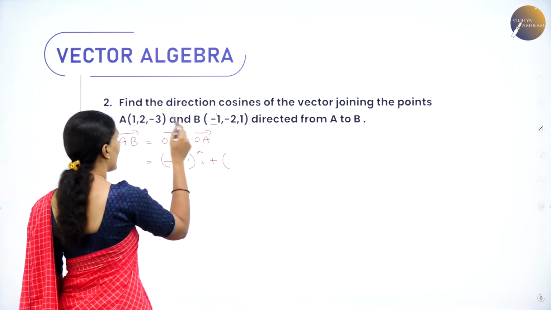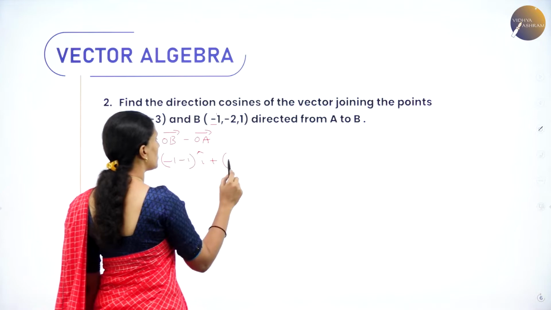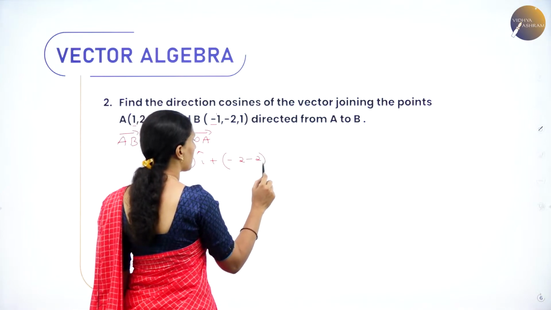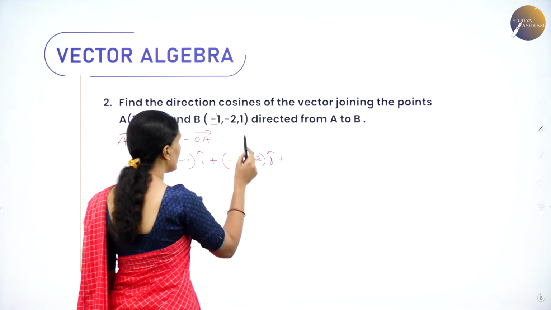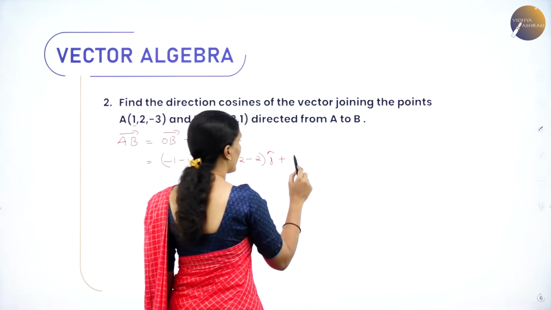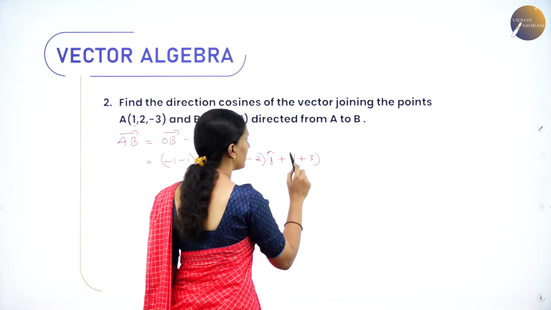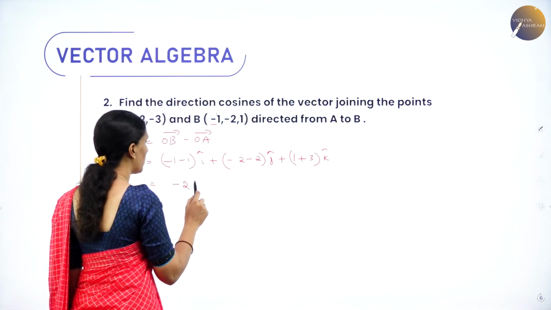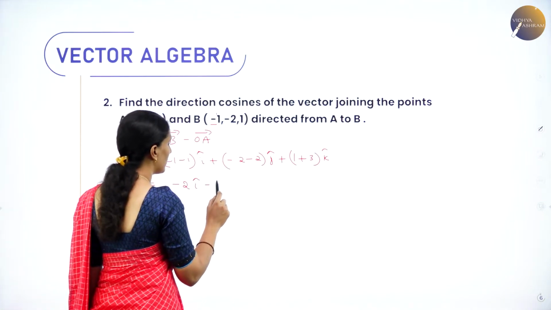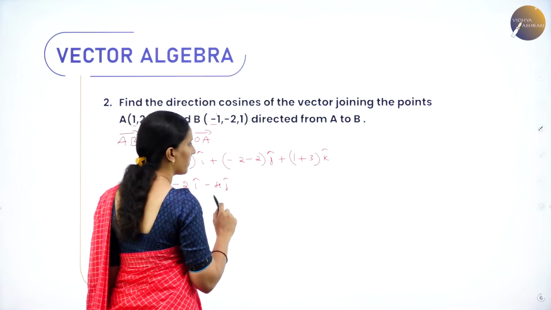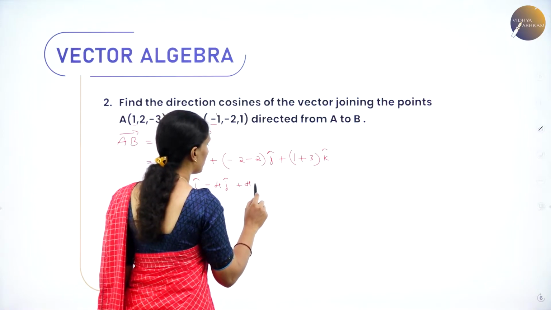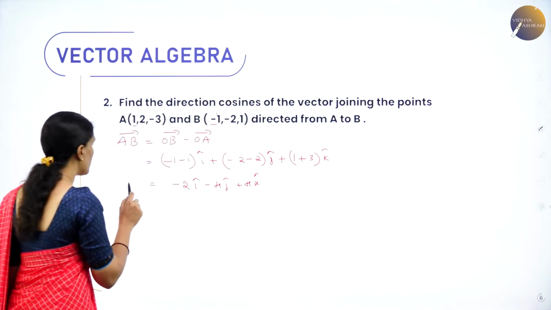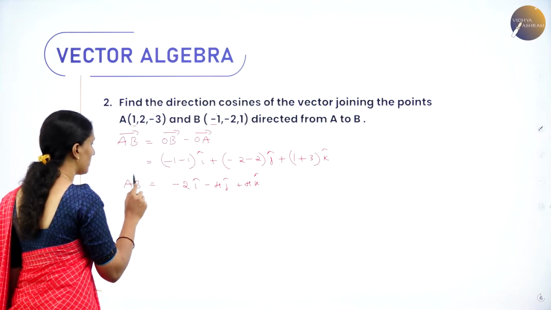Now subtract the second component: minus 2 minus 2, which is minus 4j. Plus 1 minus of minus 3 becomes plus 4k. So this is the position vector of AB: minus 2i minus 4j plus 4k.